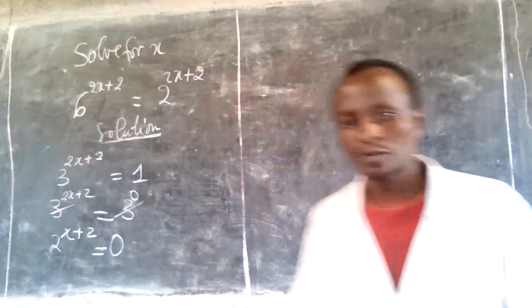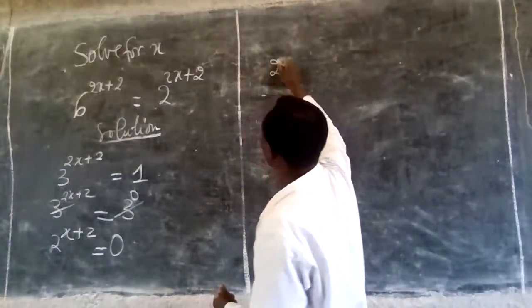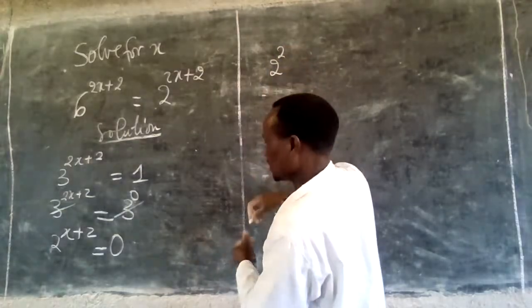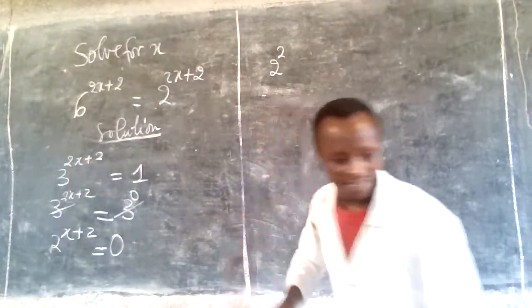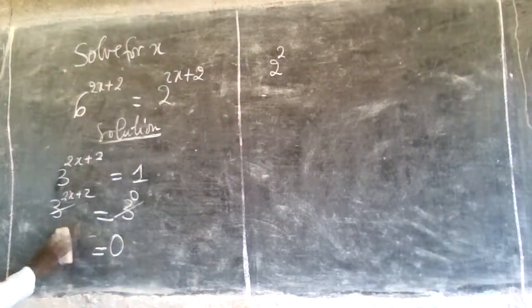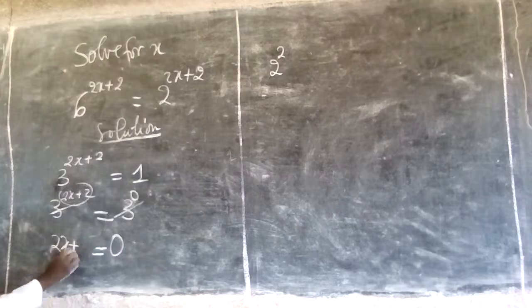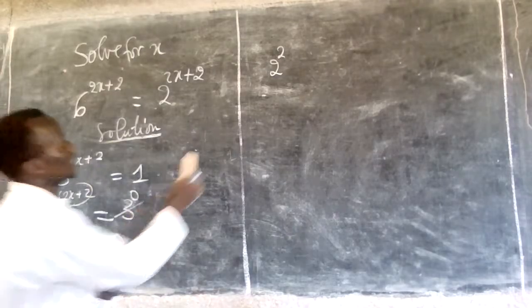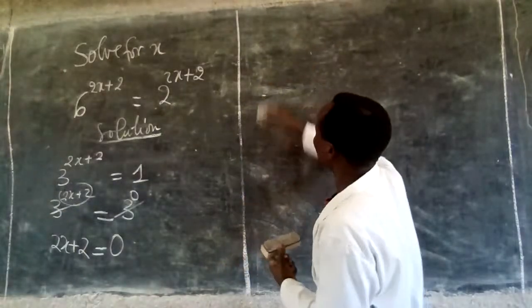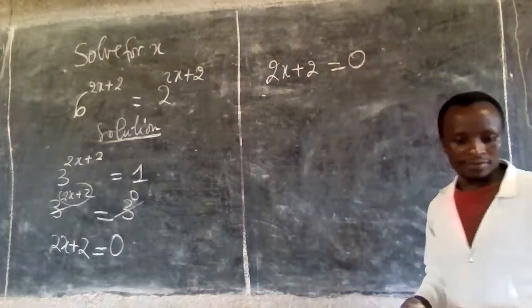Now the question we have, 2 power 2, sorry. Is it that one? Oh, I'm so sorry. Yes, it is this remaining one, 2x plus 2. Now, it is 2x plus 2 is equal to 0.